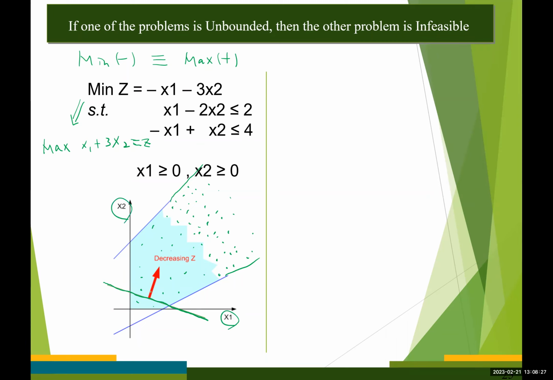So we're going to move the iso-value line in this direction. In a way, your x2 value will be increased and x1 value will be increased, right? So you need to move the iso-value line this way, okay? This direction.